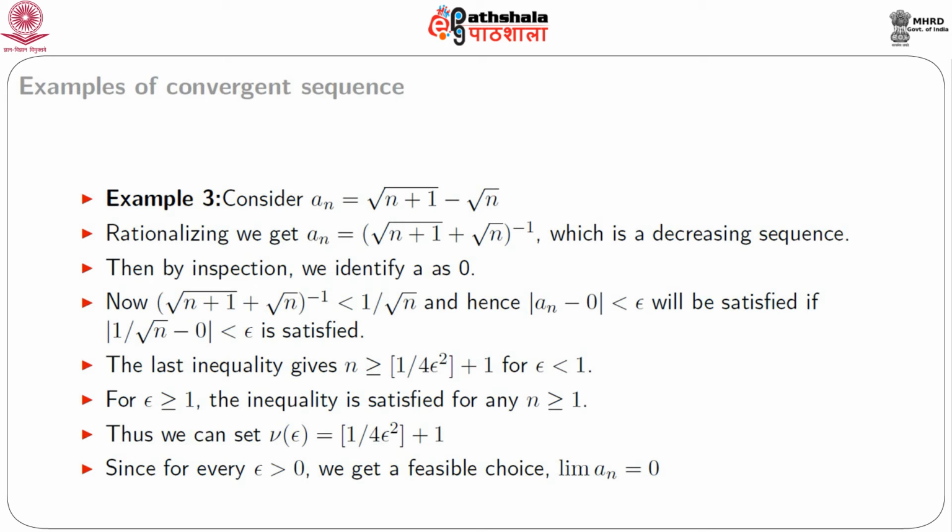Thus we can set our nu epsilon as box of 1 by epsilon square plus 1. Again, for every positive epsilon we get a feasible choice, and therefore the limit of a_n equals 0.